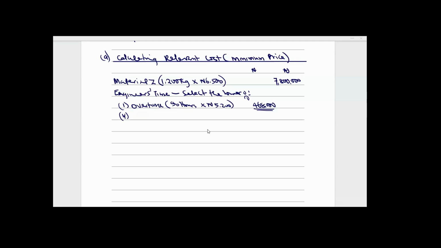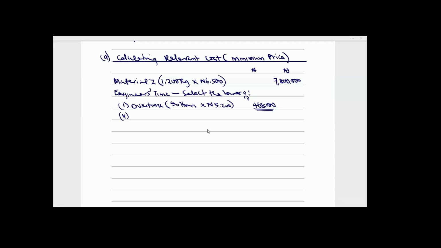Variable cost of product Y is 336,500. The difference between sales and variable cost represents contribution. So if you reduce the time that the engineers will spend on product Y, there will be loss of contribution as a result of that.